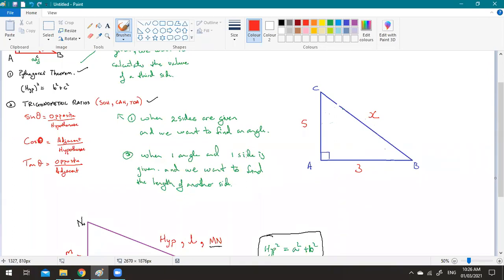So what formula are you going to use? None. Pythagoras theorem. There is no angle, so you must use that. Right. So what's Pythagoras theorem in terms of x, 5, and 3?